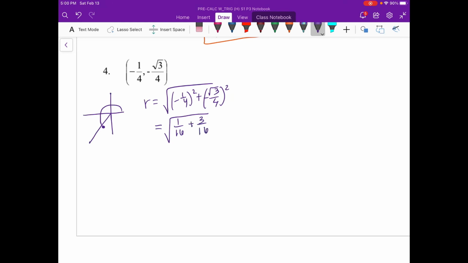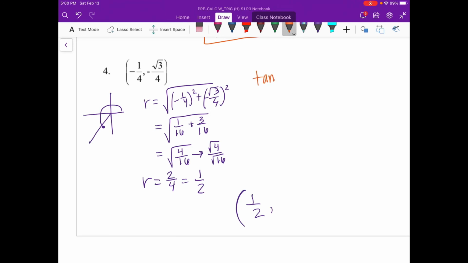This is 1/16 plus 3/16, which becomes 4/16. And if you split this up into square root of 4 over square root of 16, your r will simplify to 2/4 or 1/2. So my r value will be 1/2 for this one.